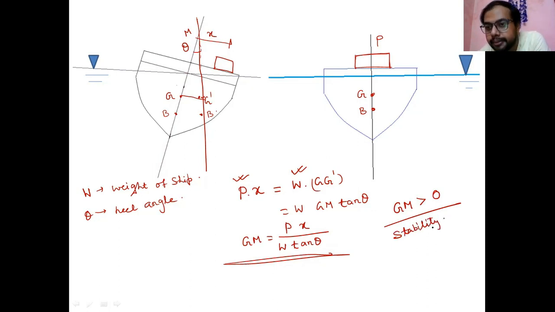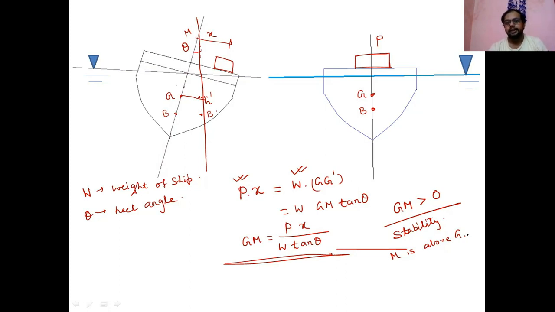For the sake of stability, the metacentric height should be positive. That means M is above G. That is positive.